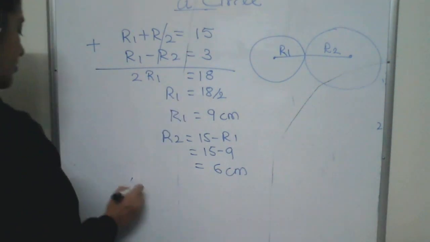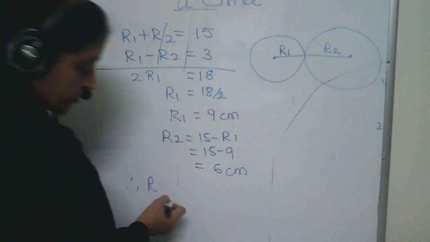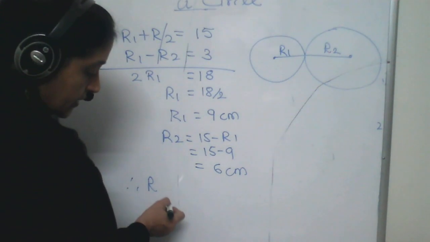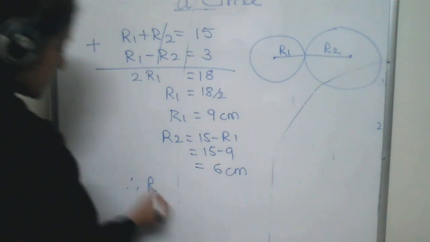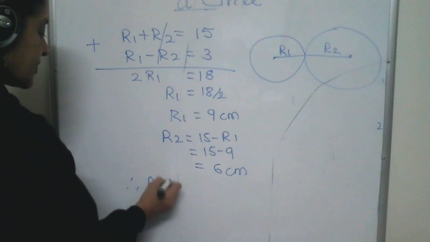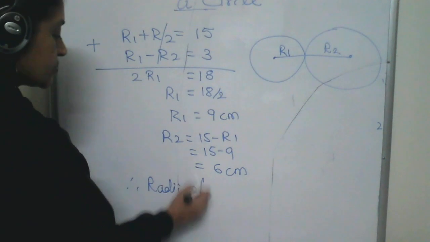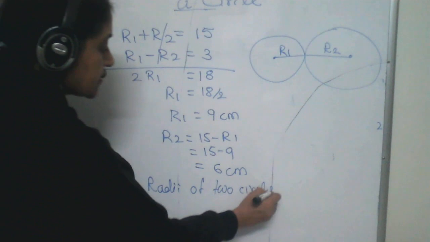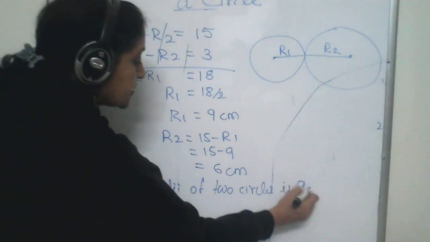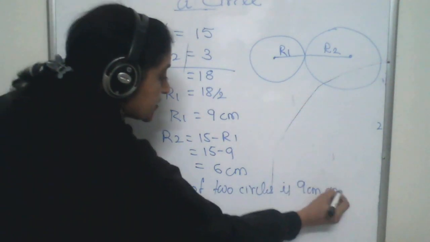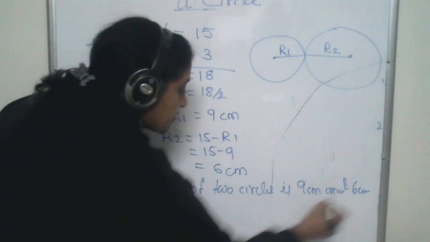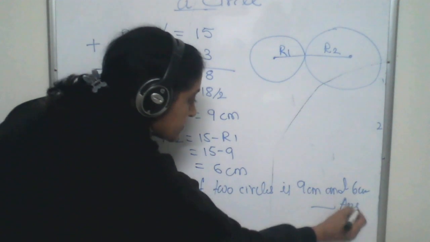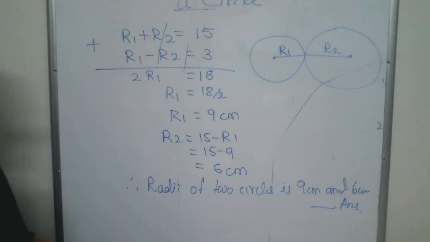Okay, therefore what was the question? Radii of two circles, isn't it? Therefore the radii of two circles are 9 centimeter and 6 centimeter. This is your answer. You can write and finish over here.